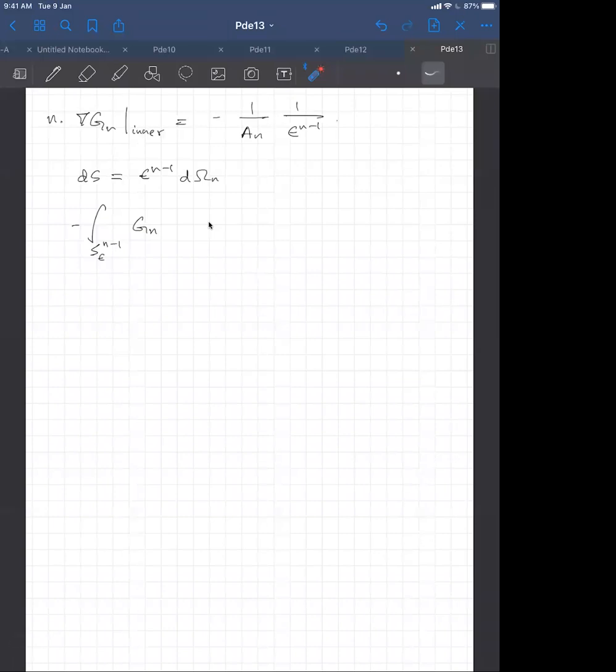This is just given by Gn n dot grad of phi ds, which is epsilon times the integral of n dot phi d omega.